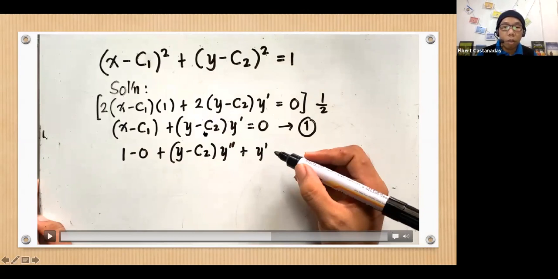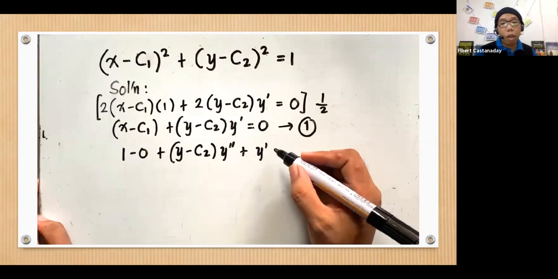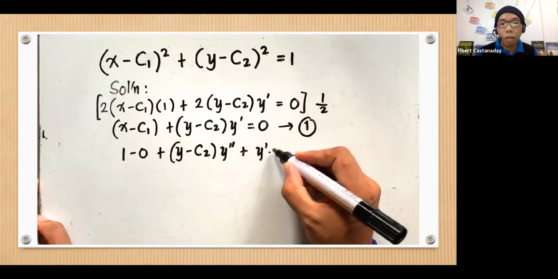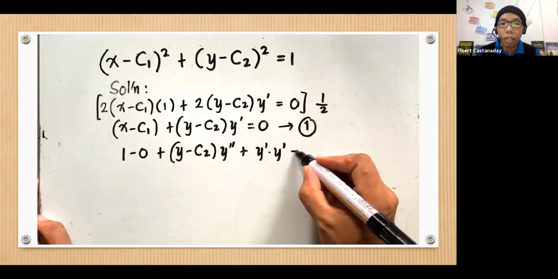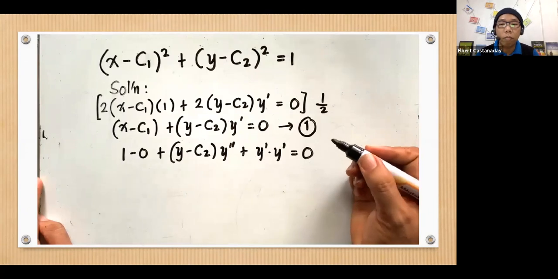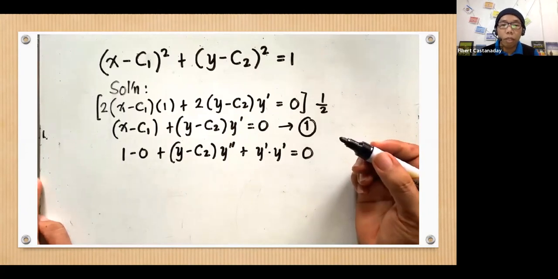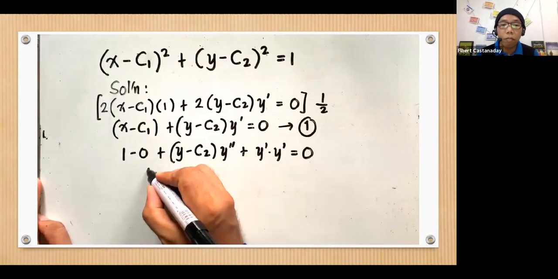So copy this one, y minus c sub 2, differentiate y prime, you have y double prime. And then you copy this, y prime, and then differentiate this part of the term. So derivative of y minus c sub 2 is y prime. So you have y prime times y prime, or you can write that later as y prime squared equal to 0.